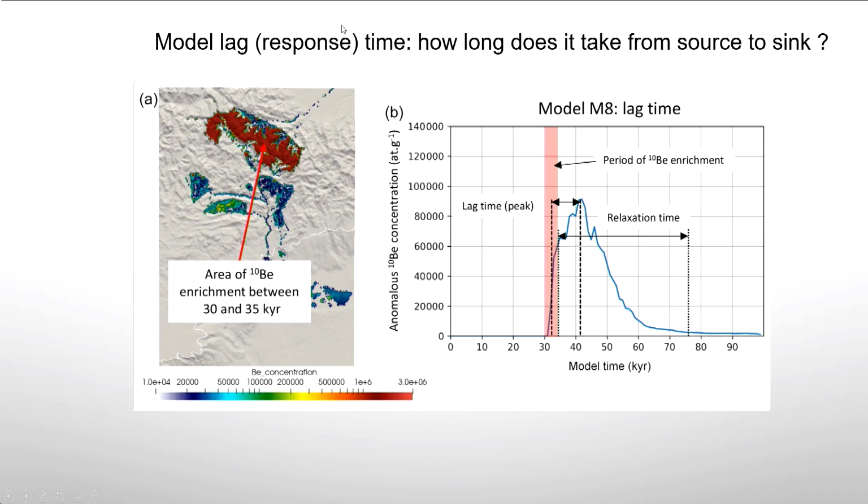Another way to understand this also, to better quantify maybe what happens during the sediment production and the sediment deposition, is to make some artificial dyeing of the sediments. To do that, we simply impose a very high beryllium-10 concentration here in the massif. It is completely artificial.